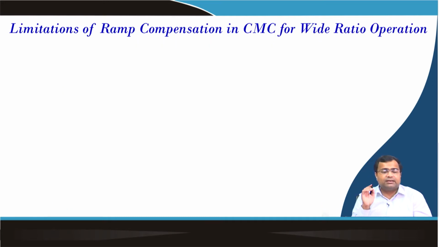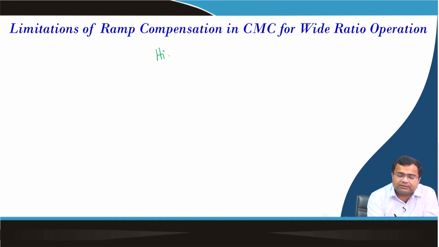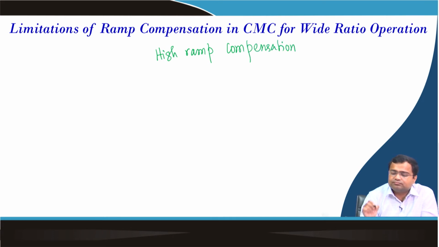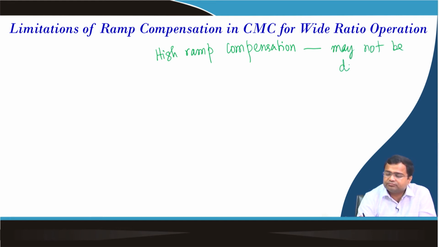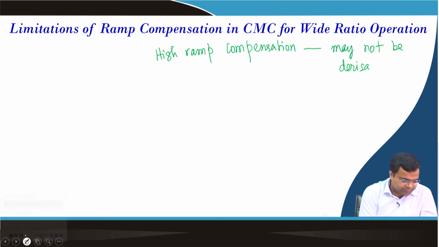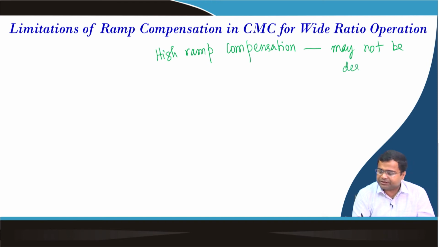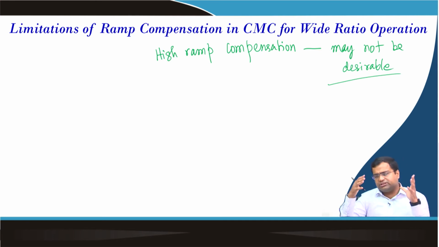So, the limitation is that high ramp compensation may not be desirable, because even for nominal duty ratio or stable operation, it will not behave like a current mode control, because you are adding ramp.